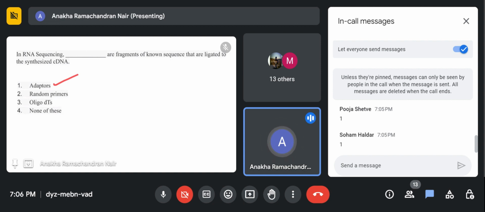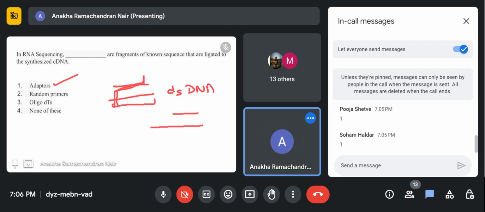So, adapters are double stranded DNA molecules which have a restriction site within them, or normally they have sticky ends. They could be of either type. In the case that they have a restriction site within them, you can use a restriction enzyme to break down the adapter sequence to give you this sticky end.